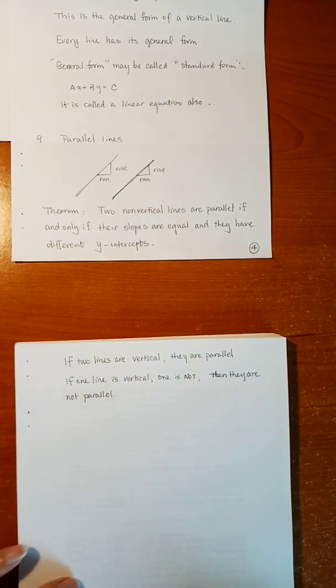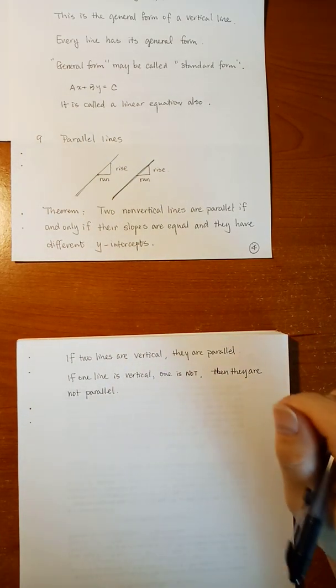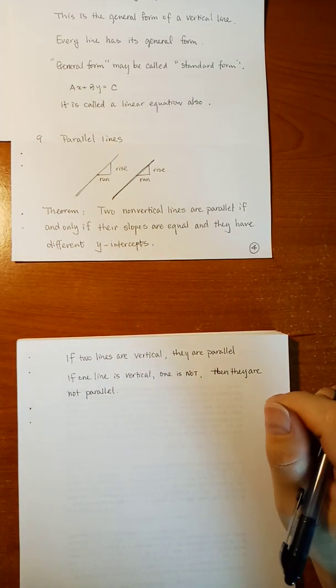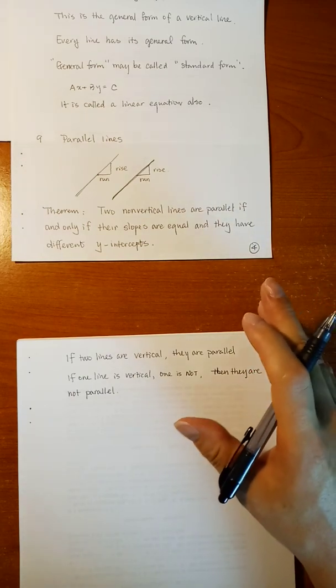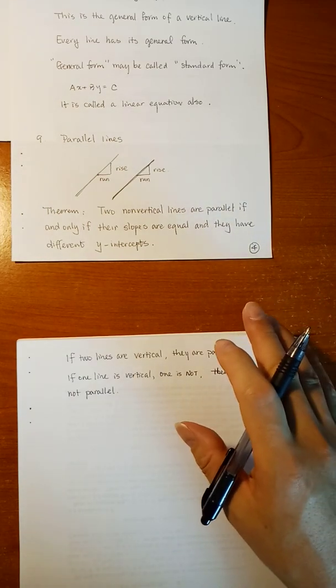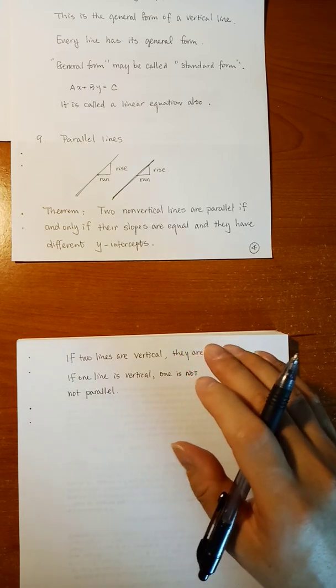Okay, one vertical line, one non-vertical line, they are never parallel. So either they both have slopes or they both do not have slope. When they both have slopes, slope must be the same.